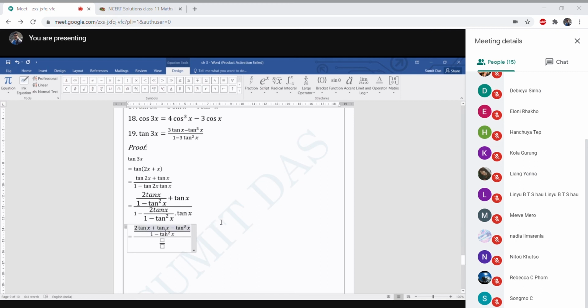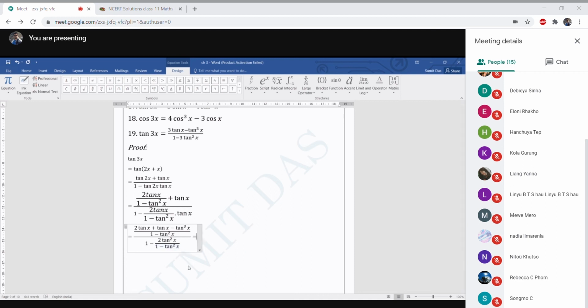Why tan x minus tan cube x? Because this tan x will multiply with 1 minus tan square x, right? So 1 into tan x will be tan x, 1 into tan square x will be tan cube x. And here in the denominator also it will be 1 minus 2 tan square x divided by 1 minus tan square x.